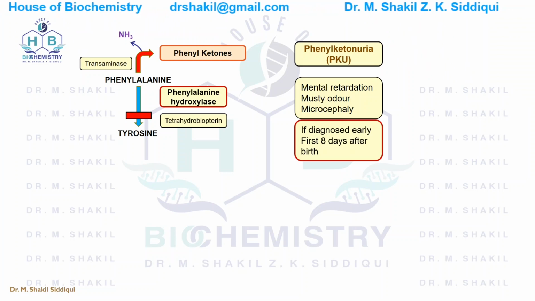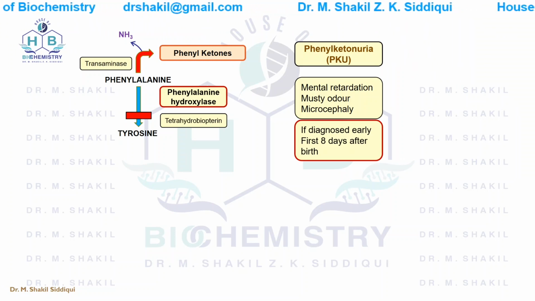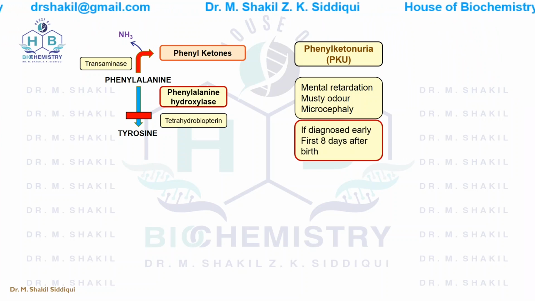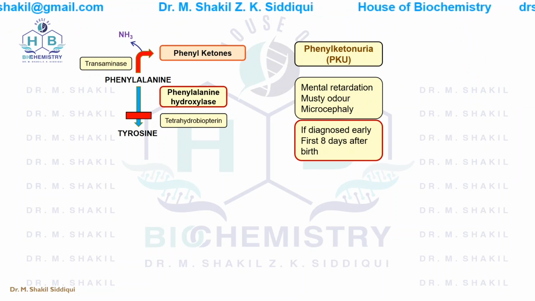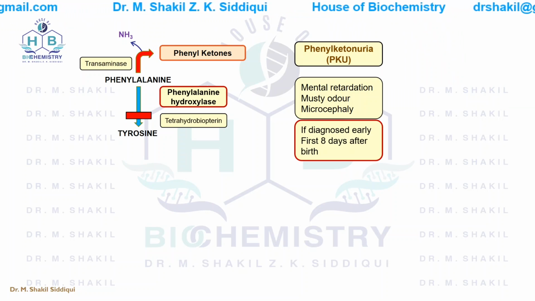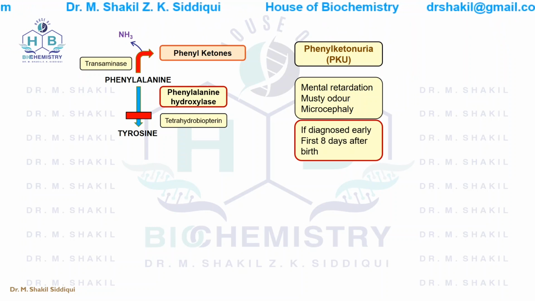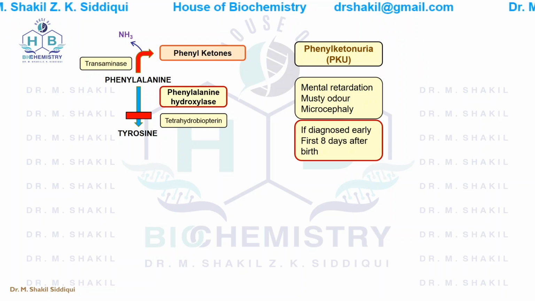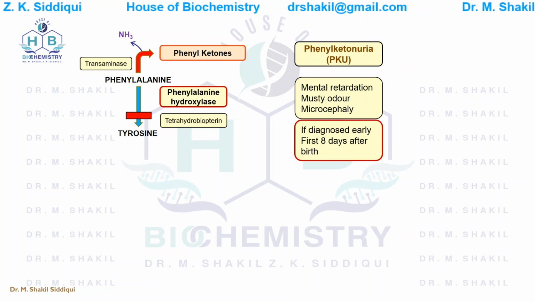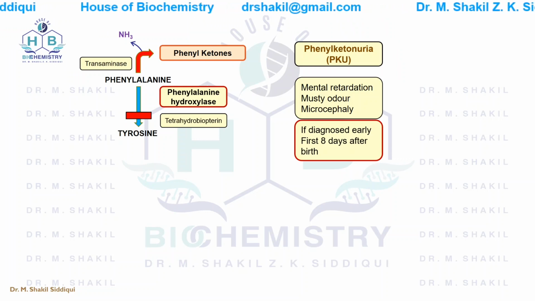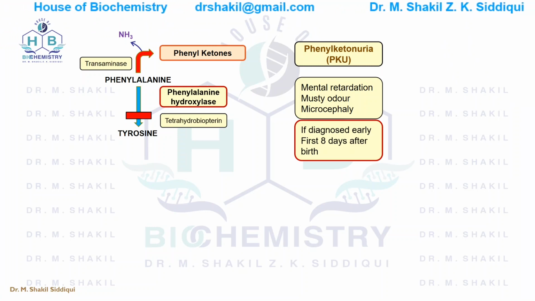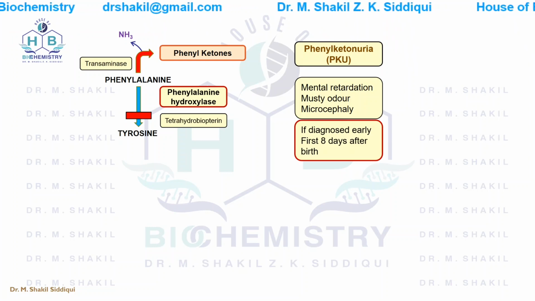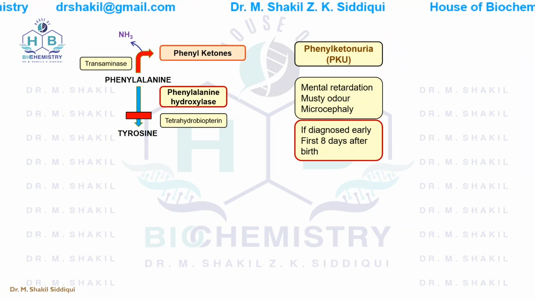If it is diagnosed in the first 8 days after birth, then we advise a diet of amino acids low in phenylalanine. That should be around 10 to 20 milligrams per kg body weight, and be careful that the diet should be low in phenylalanine.